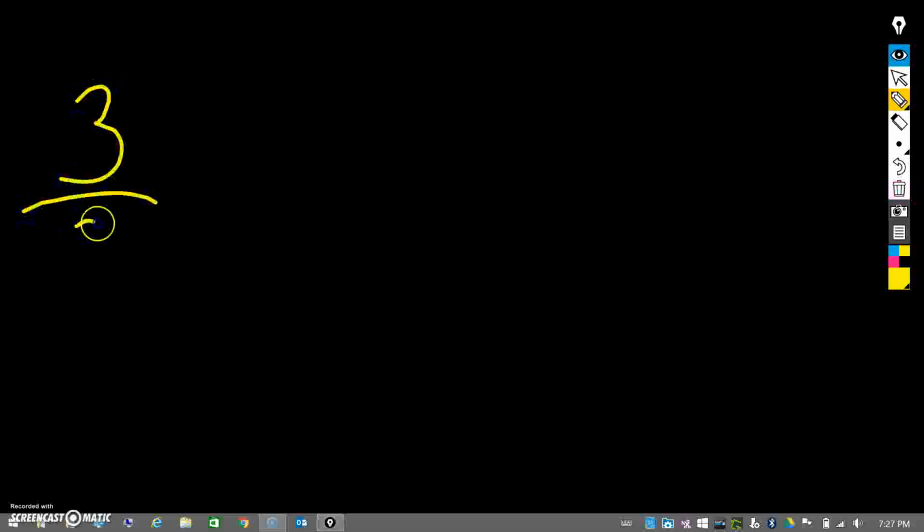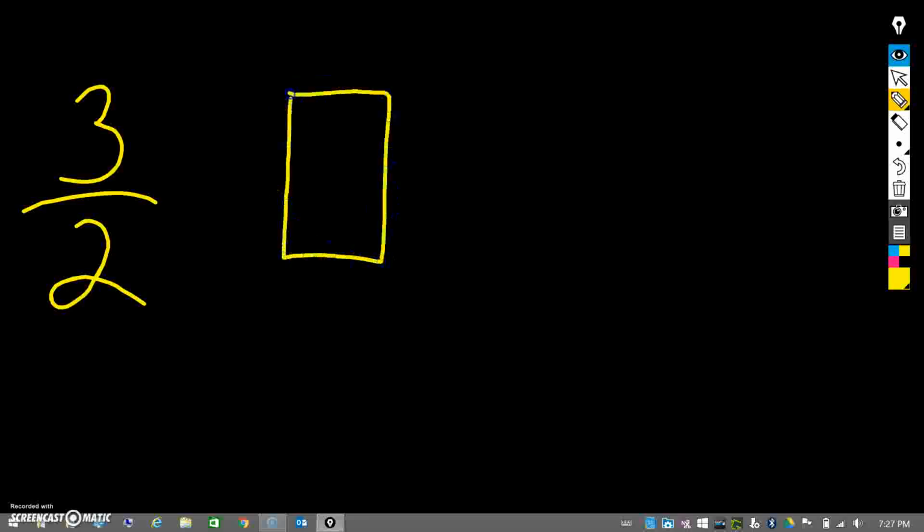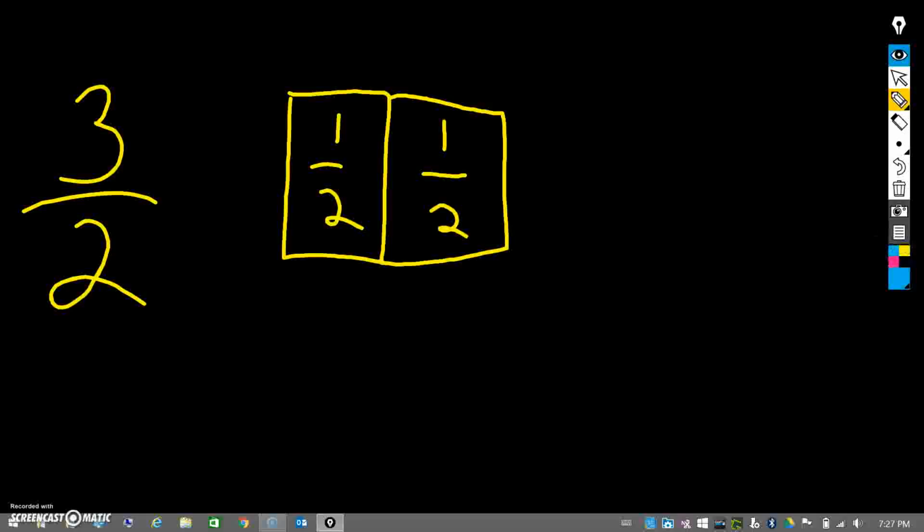Let's try 3 halves. We'll do this one just a little bit differently. Okay, so I'm just going to draw halves. So I've got 1/2 right here, plus another 1/2 right here. And we know that 1/2 plus 1/2 is 2 halves, which makes a whole.